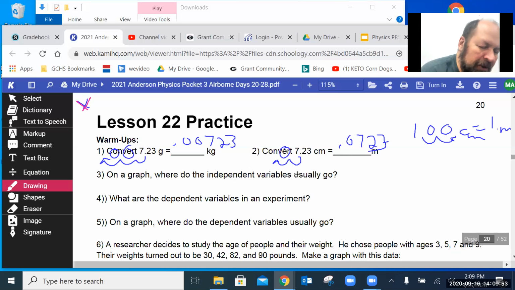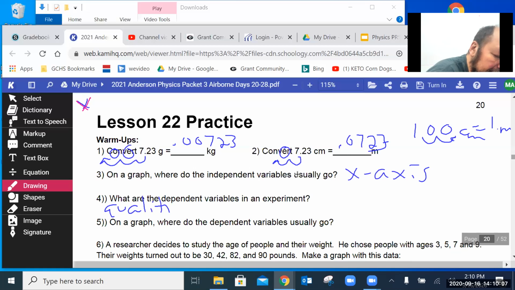On a graph, where do the independent variables usually go? The x-axis. Where do the dependent variables, or what are the dependent variables? These are the qualities that change due to the actions of the researcher.